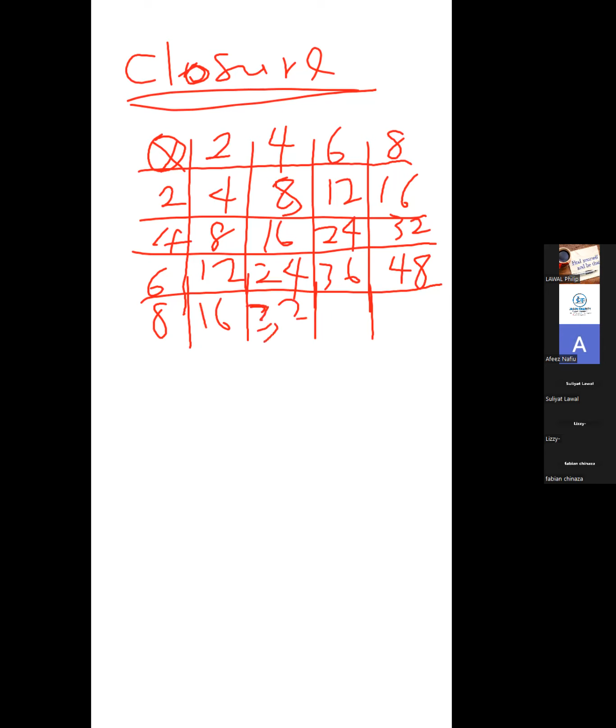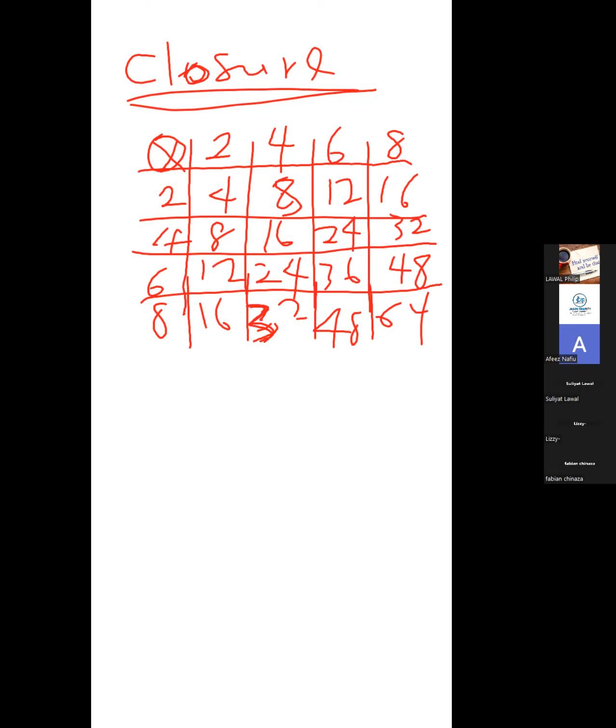I deliberately want to introduce this concept of a table because when we get to identity and inverse, we are likely to deal more with tabular binary operations than the regular ones. 8 times 6 is 48, of course, and then 8 times 8 is 64. You can see that all the numbers in this box are even numbers.